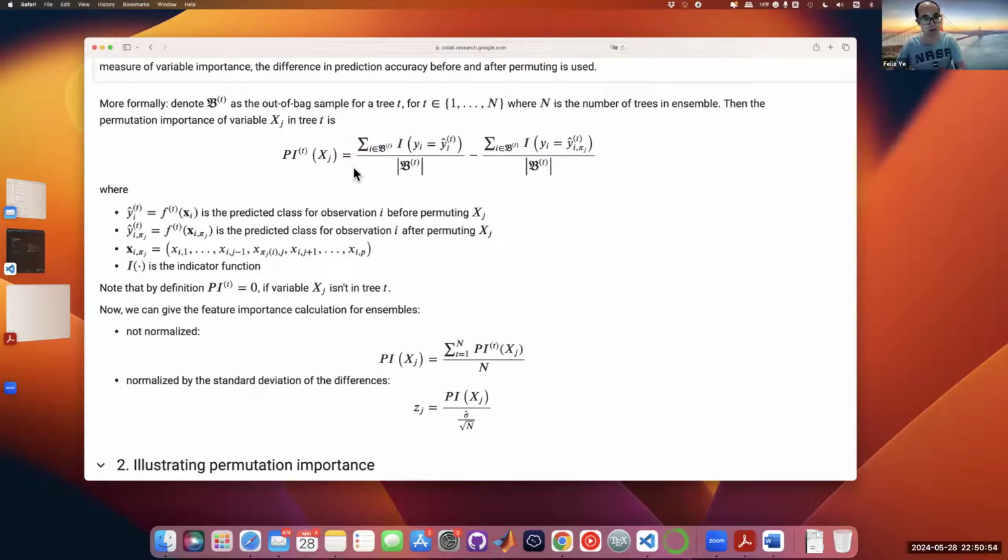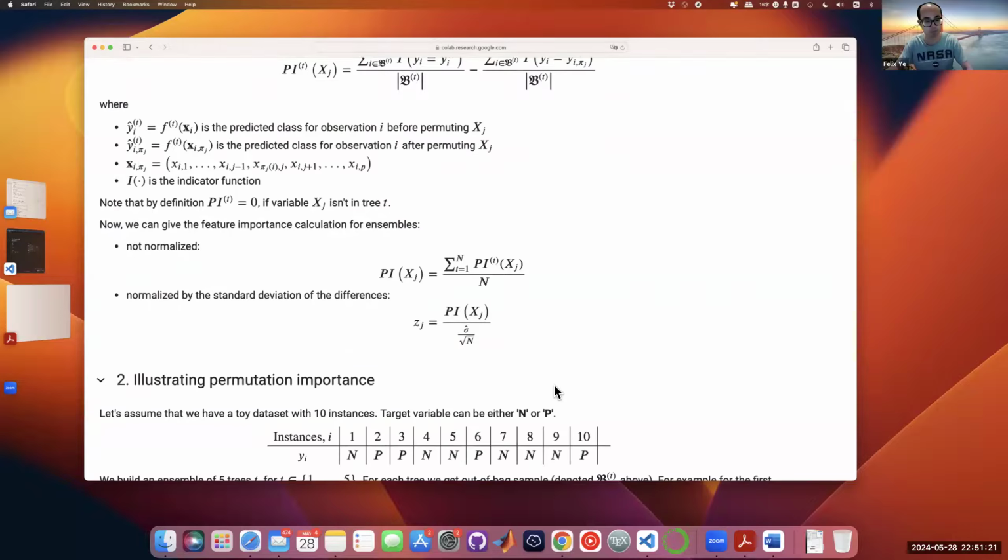So what you can do is normalize it and average it over all the trees. We have n different trees, so we add all these permutation importances and then divide by n. Sometimes we can also normalize by the standard deviation. So this will be your permutation importance for the feature xj.